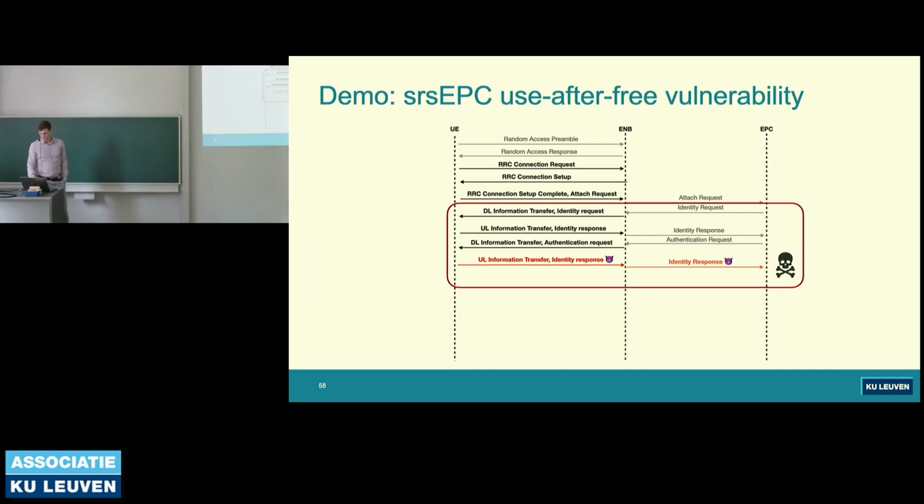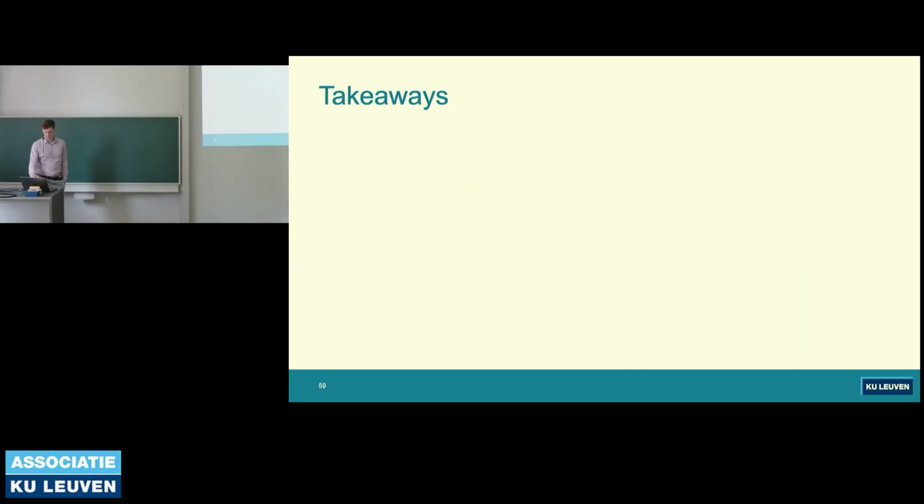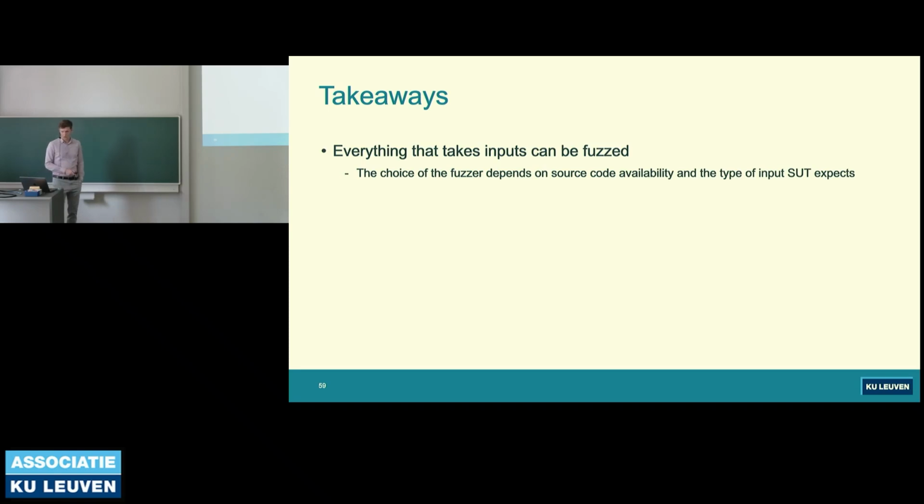All right, so in conclusion, some takeaways from my presentation. First of all, everything that takes some kind of input can be fuzzed. And the choice of the fuzzer depends on the availability of the source code of the system under test, as well as the type of inputs the system under test expects to get.